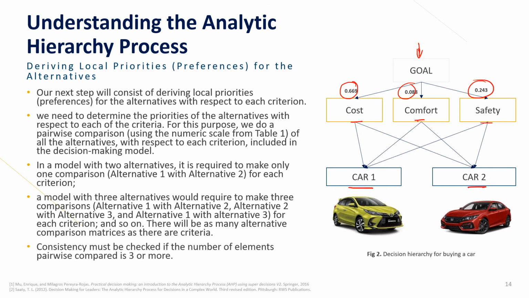Of course, consistency must be checked if the number of pairwise compared items is 3 or more. So the same approach that we used to calculate the consistency index for criteria should also be applied for the consistency index of the alternative comparison.